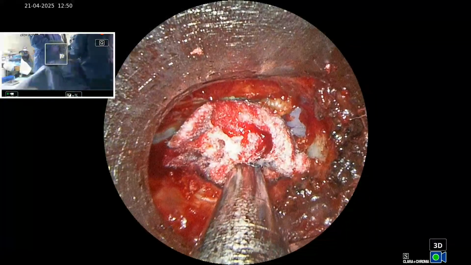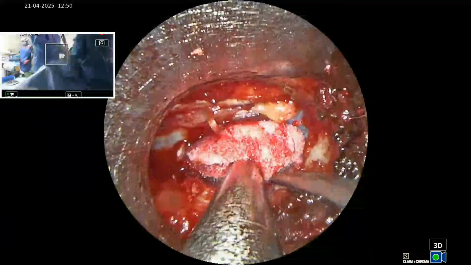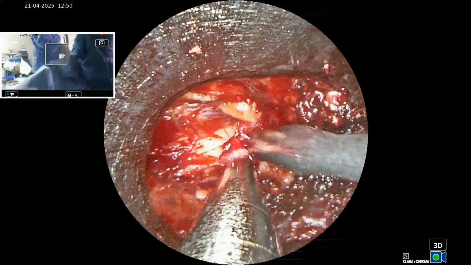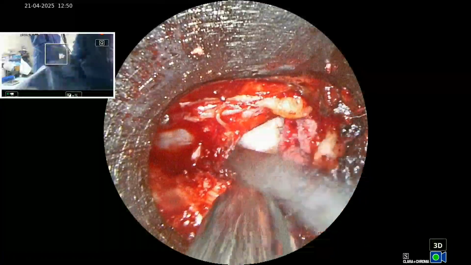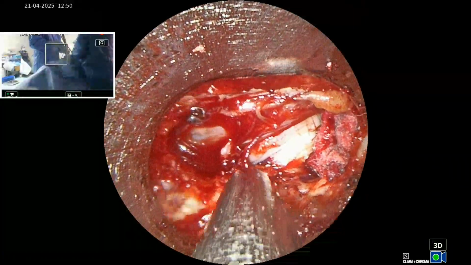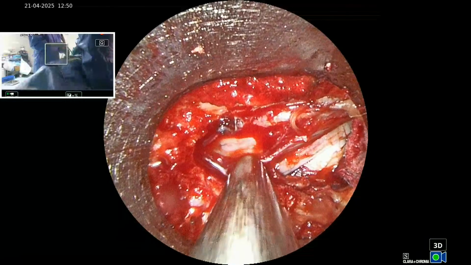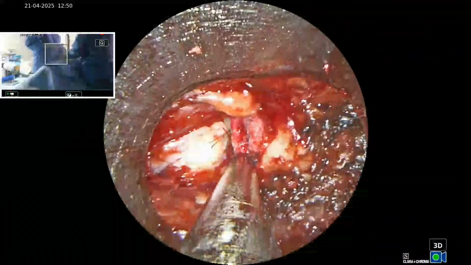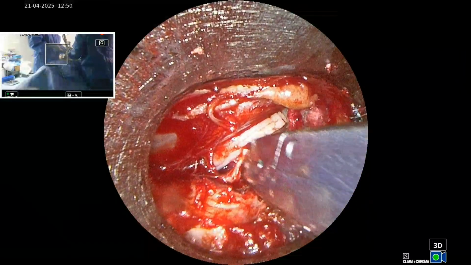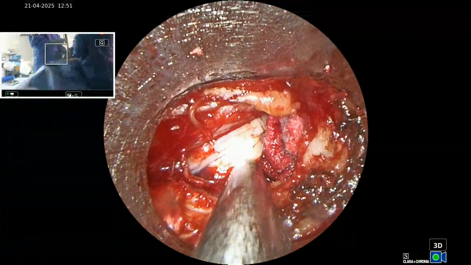Check whether you are able to put the patty at the shoulder of the nerve root or not. Yes. So this is my disc here. Disc cursor. Patty.